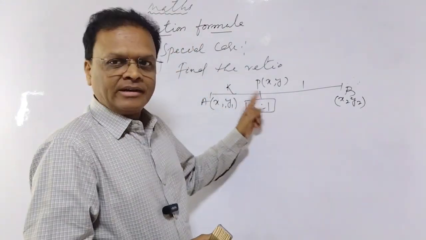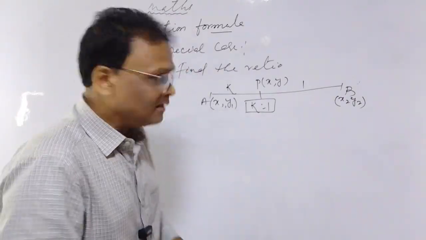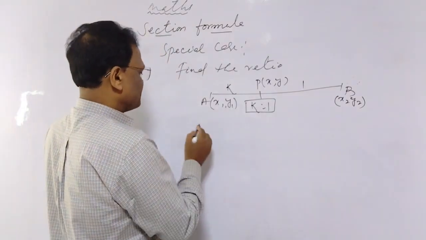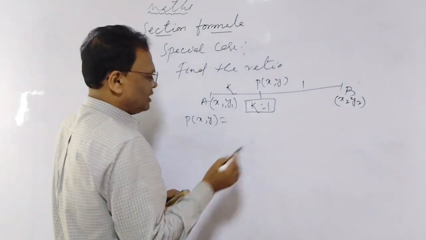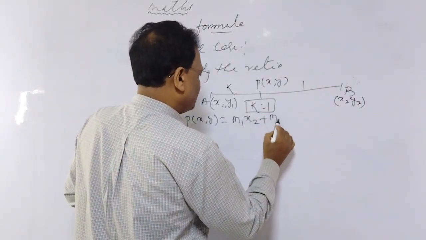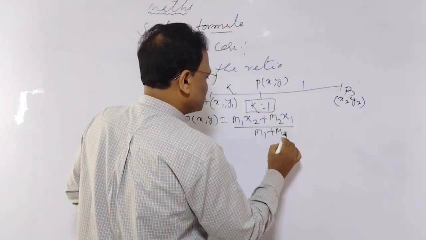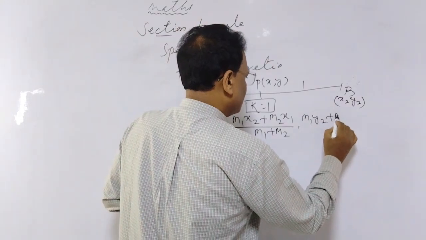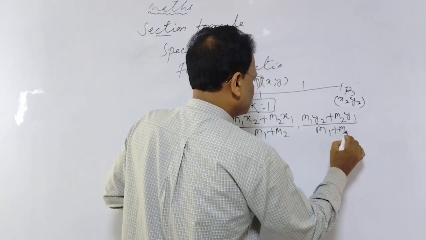Suppose this point divides the line segment in the ratio of k is to 1, then my section formula becomes, see, P(x, y) is equal to m1 x2 plus m2 x1 divided by m1 plus m2, and m1 y2 plus m2 y1 divided by m1 plus m2.